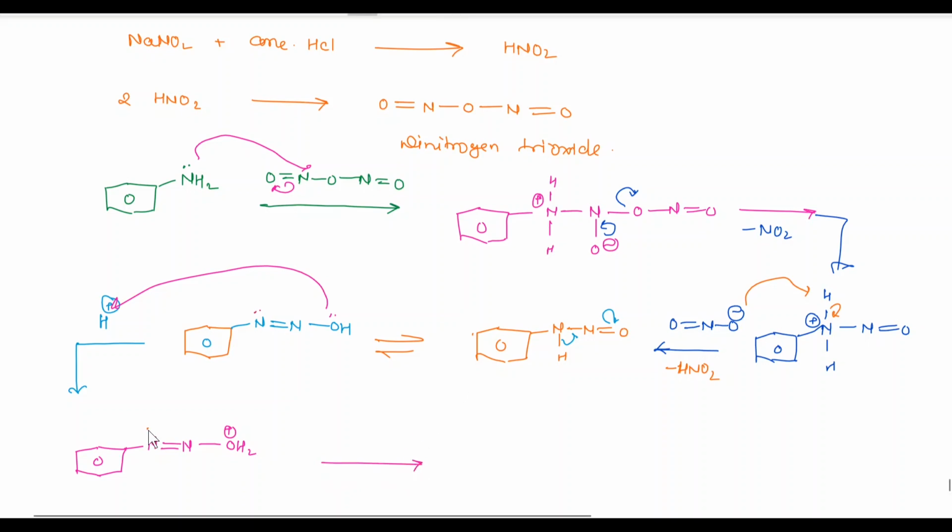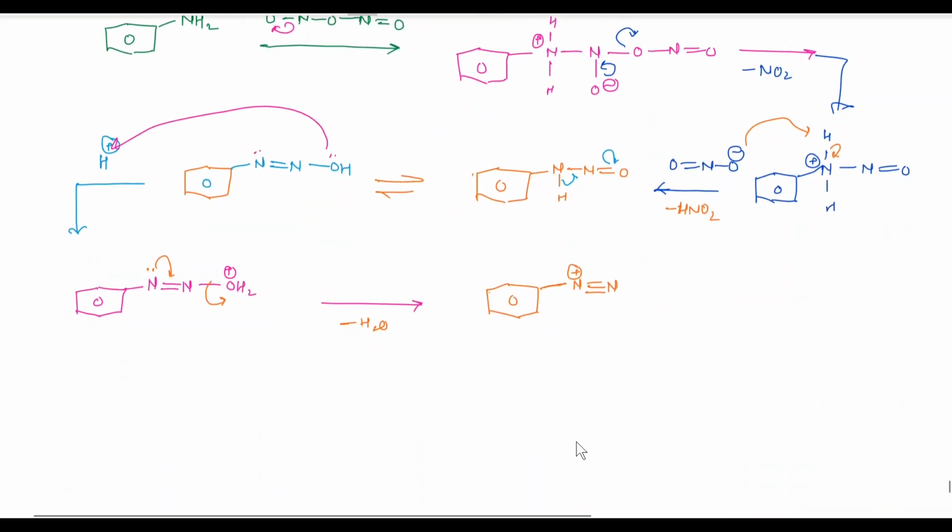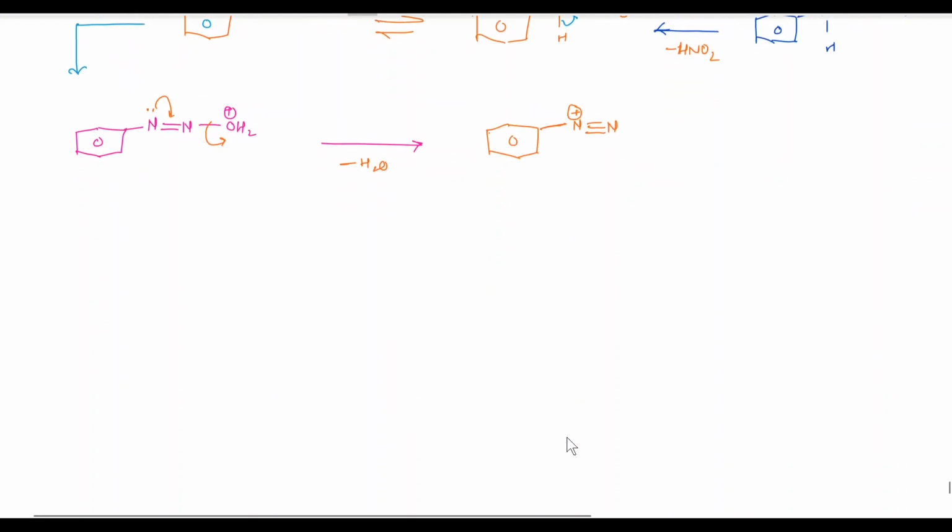In the next step, the lone pair of nitrogen acts as a driving force and a water molecule is lost, and we get nitrogen triple bond nitrogen, here nitrogen carries a positive charge. This is our diazonium salt.